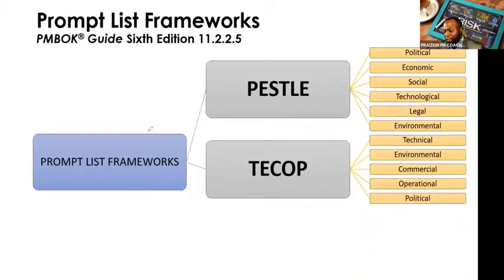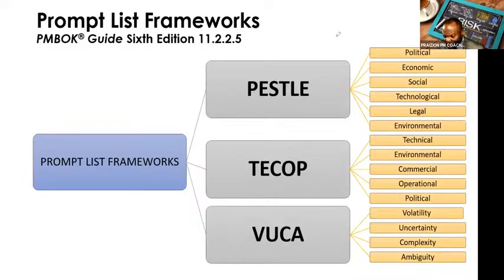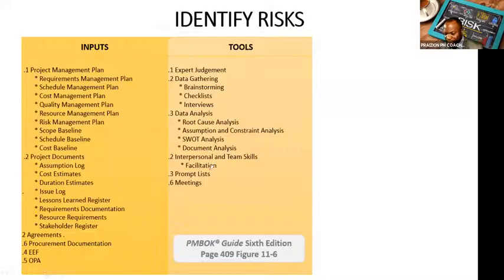So as you identify risks in your company, you could bring these out to prompt them to think of specific risks that fall under these umbrellas. And the last one is VUCA: volatility, uncertainty, complexity, and ambiguity. It is worth knowing these because we do not know whether these could appear on the exam. I believe they could. So we always want to make sure we cover our bases. All right, so that's prompt lists.